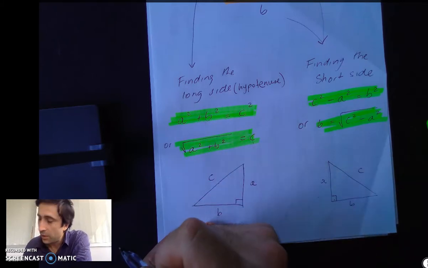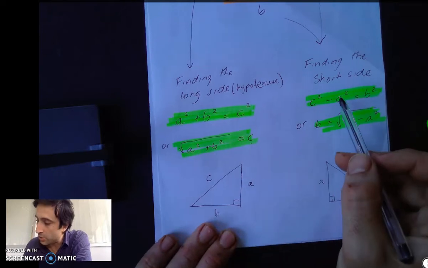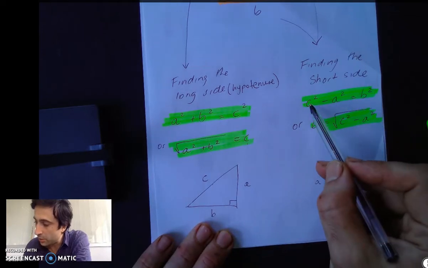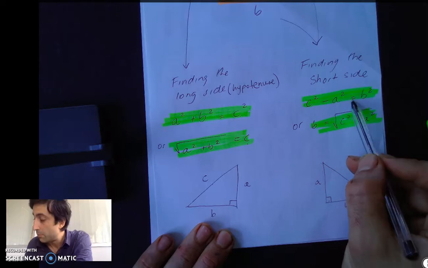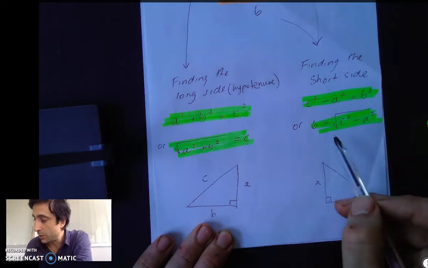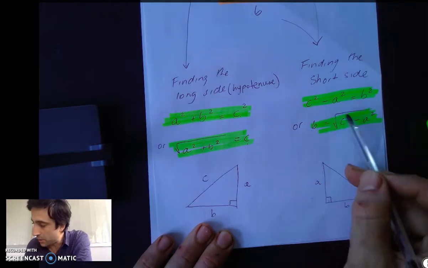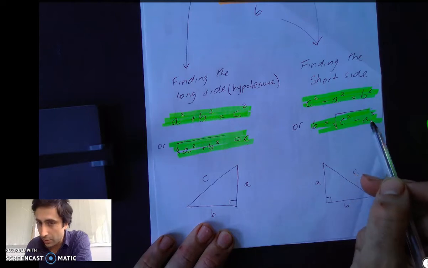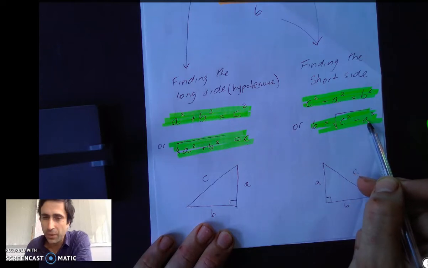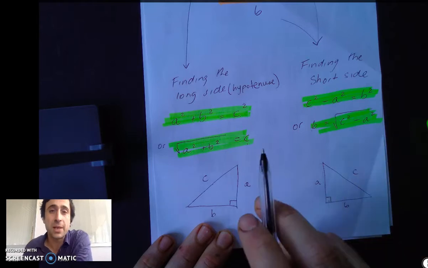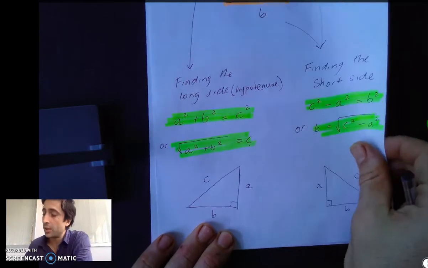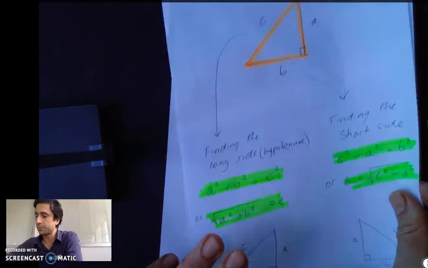Alternatively, if we're finding the short side, it's c squared minus a squared equals b squared, or b equals the square root of c squared minus a squared. Long side minus the short side. Now, some of you guys probably spaced out while I was actually saying that, so let's do a couple of examples.